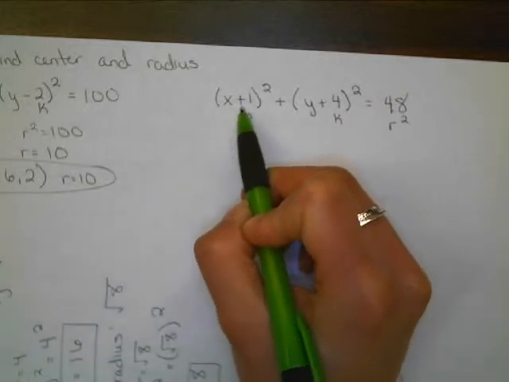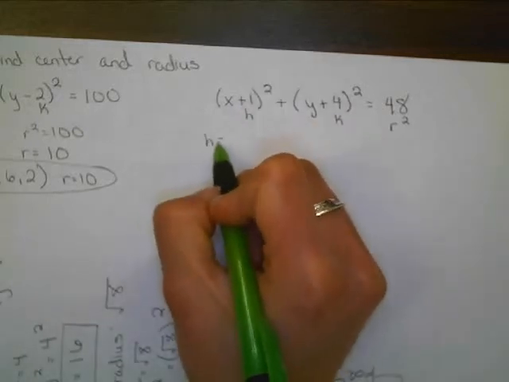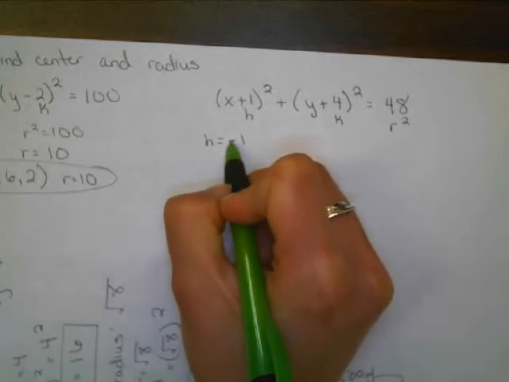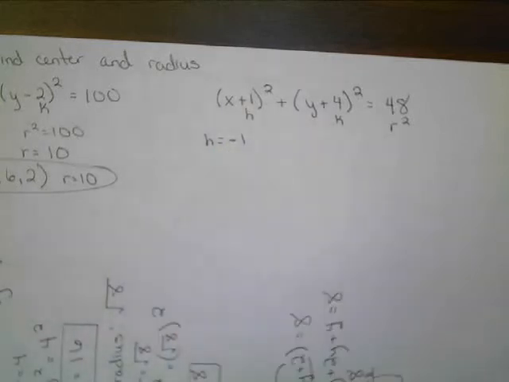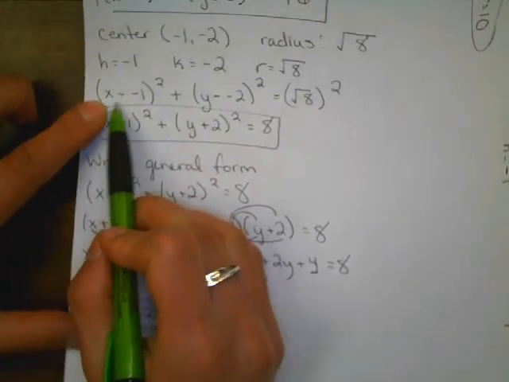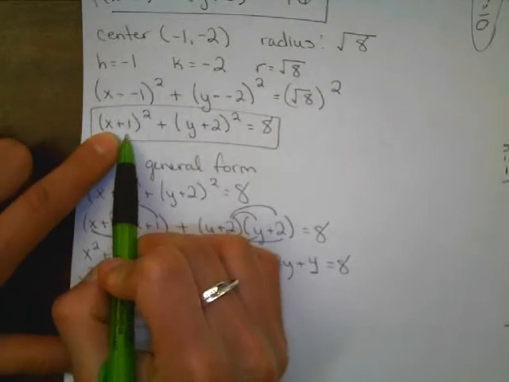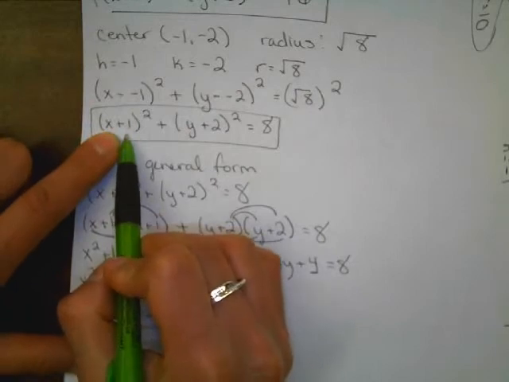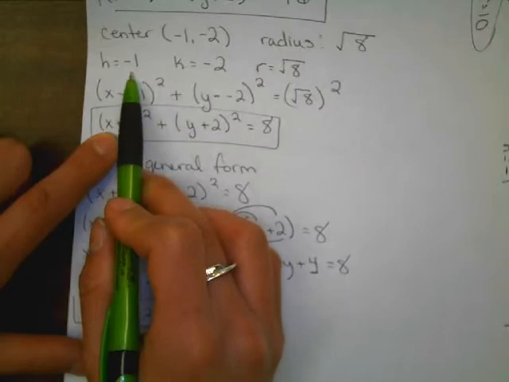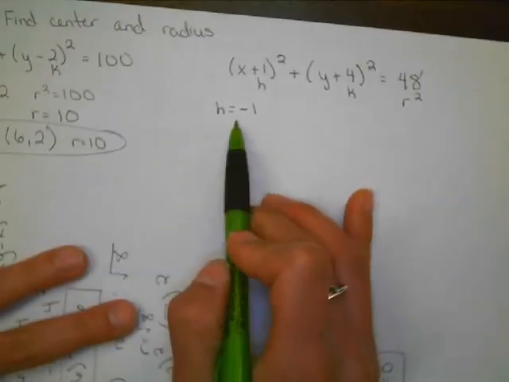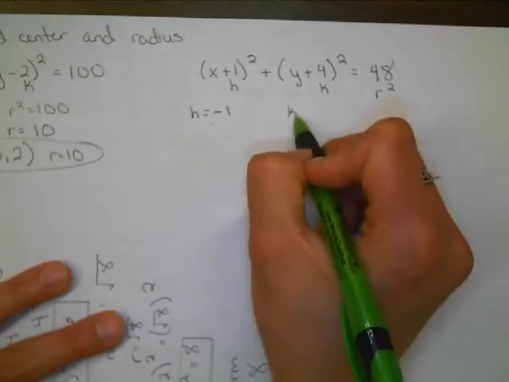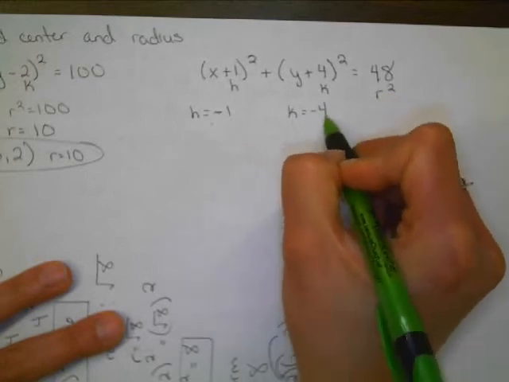Well, this is a plus. If it's supposed to be a minus, then that must mean that h is actually a negative 1. And if you think back to the example that we had over here, x minus a negative 1 simplified to a plus 1. So if we're going backwards, then h itself must be a negative 1 like we had here. So h is negative 1, which means k is going to be negative 4.